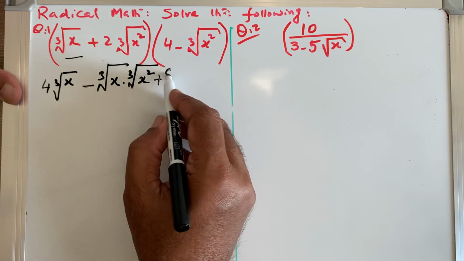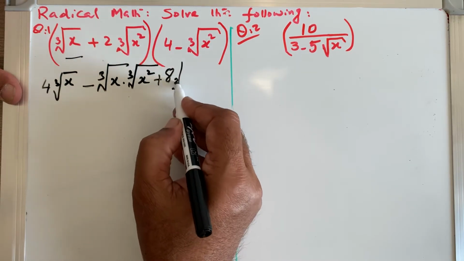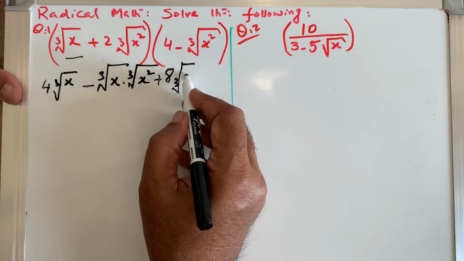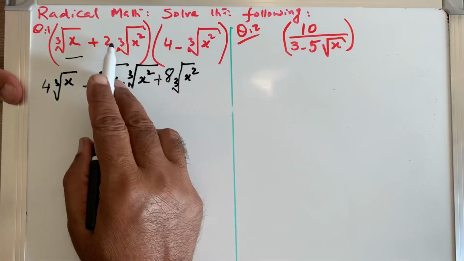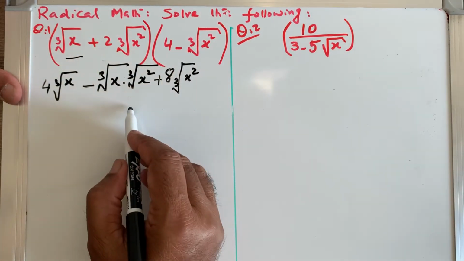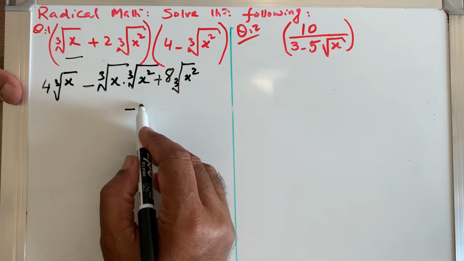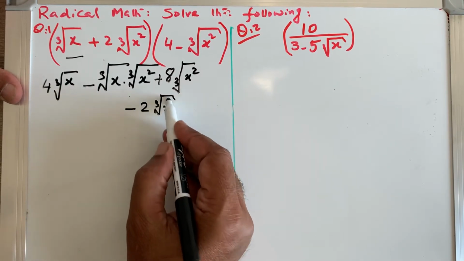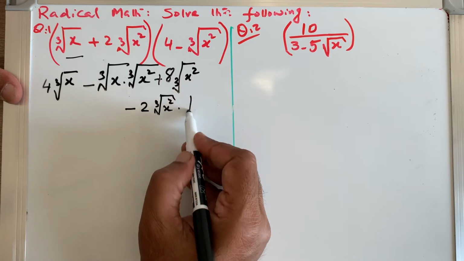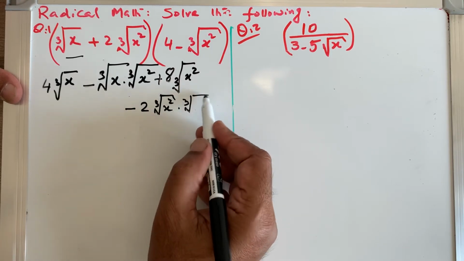So 4 times 8, cube root of x square, right? So cube root of x square, and then this term multiplies by this term. I will write it here: minus 2 cube root of x square times cube root again of x square.